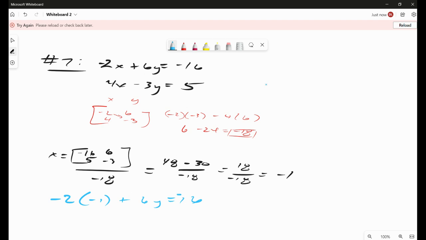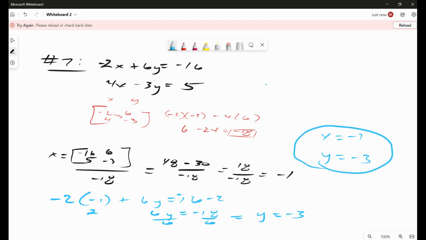So 2 times negative 1 is 2. If I move it to the other side, it becomes a negative 2. So I get 6y equals negative 18. Divide both sides by 6, and I get y is equal to negative 3. So my answer is x is equal to negative 1, and y is equal to negative 3. So that's my solution to that using Cramer's rule.